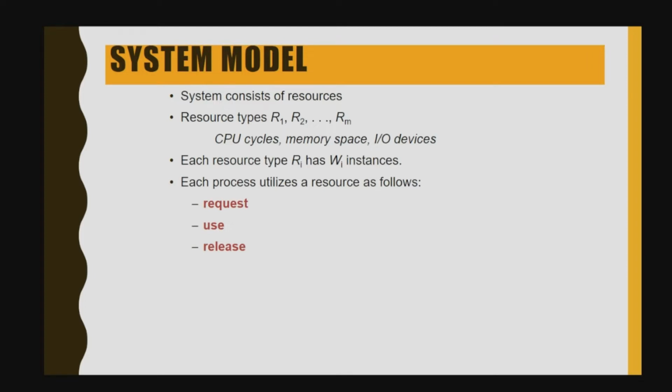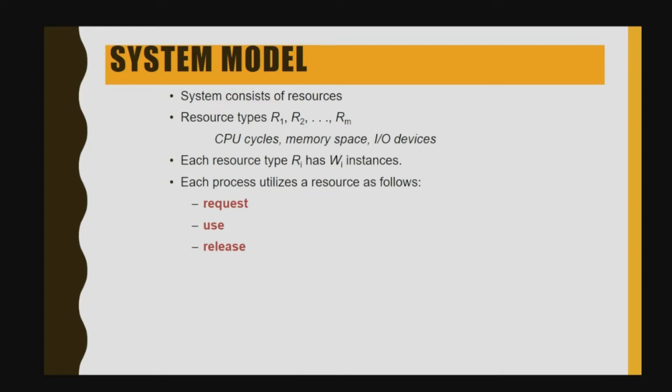Okay, it may have one instance and it may have more instances. So in this part, resources are denoted by the capital letter R, and instances by the capital letter W. So each process utilizes a resource as follows. Okay, you can recall what you have learned: in the operating system, we have processes, we have multiprocessors, and all the processes will utilize the resources that the computer system has.